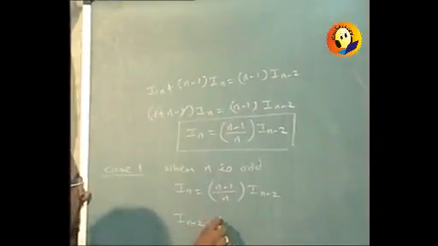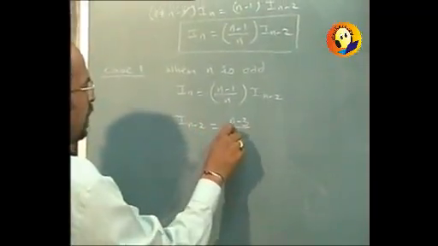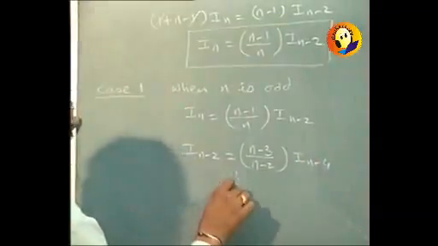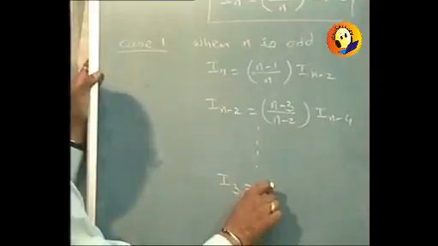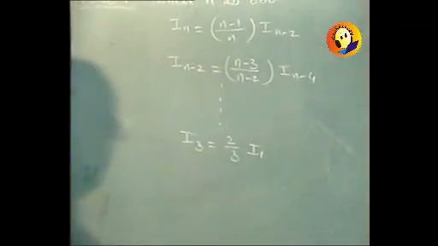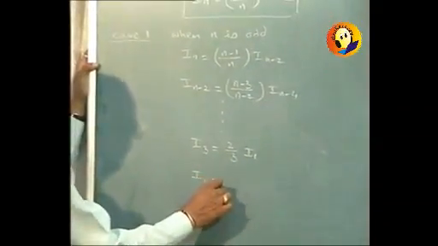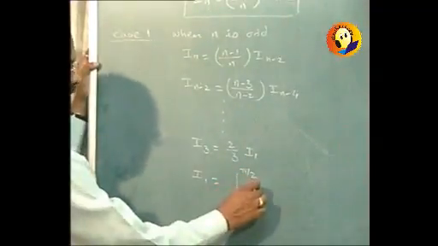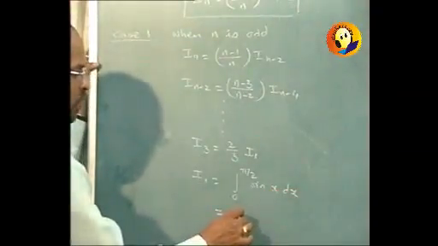I(n-2) will be written as, start with 1 less, so n minus 3 upon the same term n minus 2, I(n-4), etc. We will end with saying that I3 is equal to 2 by 3 I1, because this 3 gets reduced by 2, and then I1 will be equal to integral 0 to pi by 2 sin raised to 1 x, that is sin x dx, which can be evaluated.